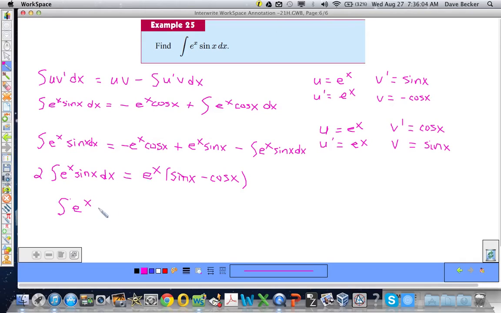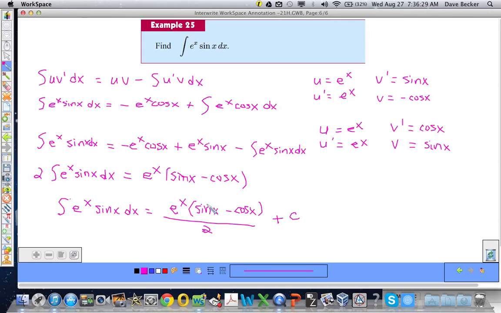The integral of e to the x sine x dx is equal to e to the x times sine x minus cosine x, over 2, plus C. How about them apples?